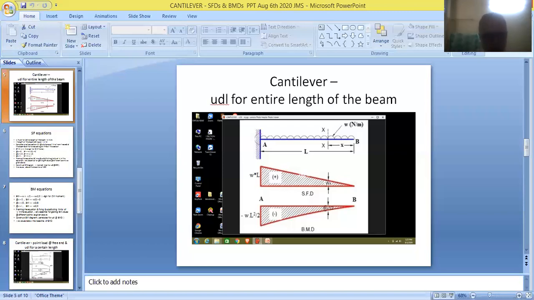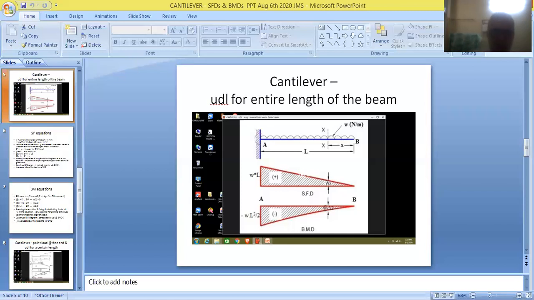If you are getting negative values, they will be coming below the baseline of the diagram. This is the baseline of the SF diagram, and this is the baseline of the bending moment diagram. So positive values will be coming above the baseline of the shear force diagram, and negative values will be coming below the baseline.